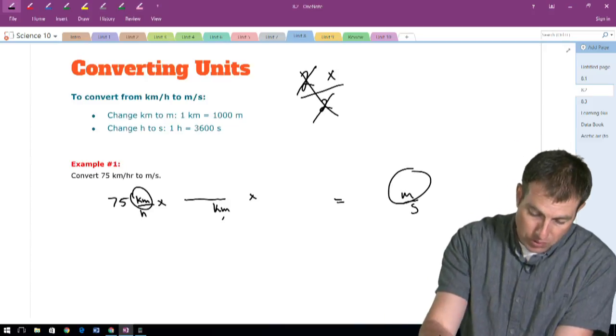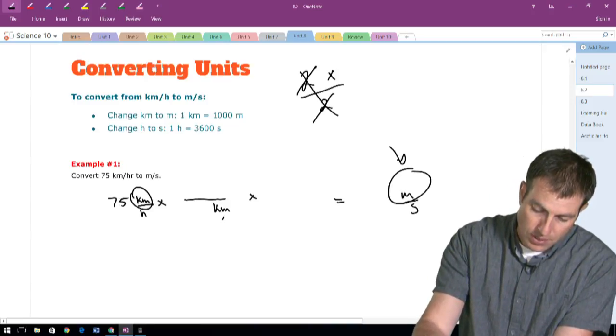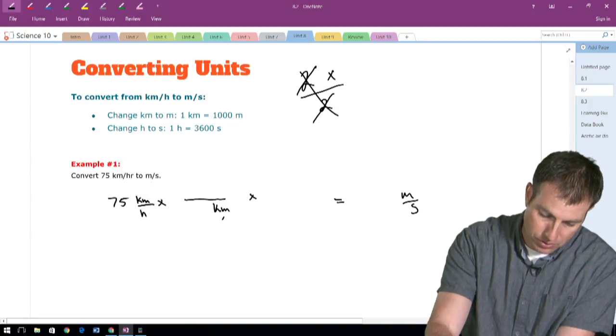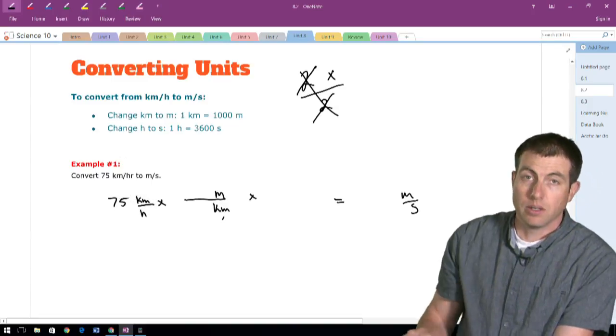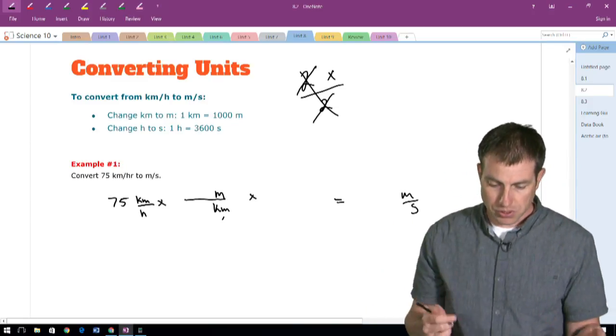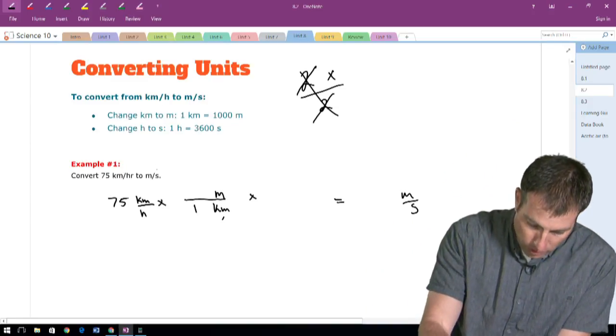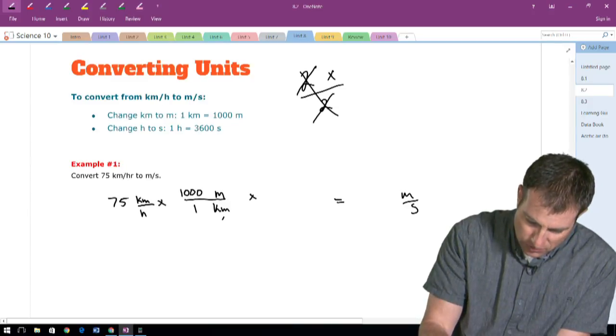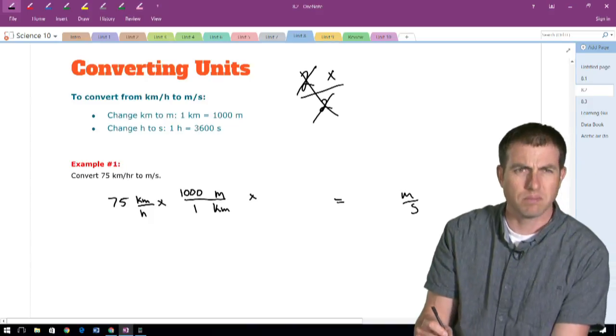I want to end up with units of meters, so I'm going to put meters on the top. And then once I get here, I know the relationship between these things. Conversions, we've done before. I know 1 kilometer is 1,000 meters. We might even have done this example in math.